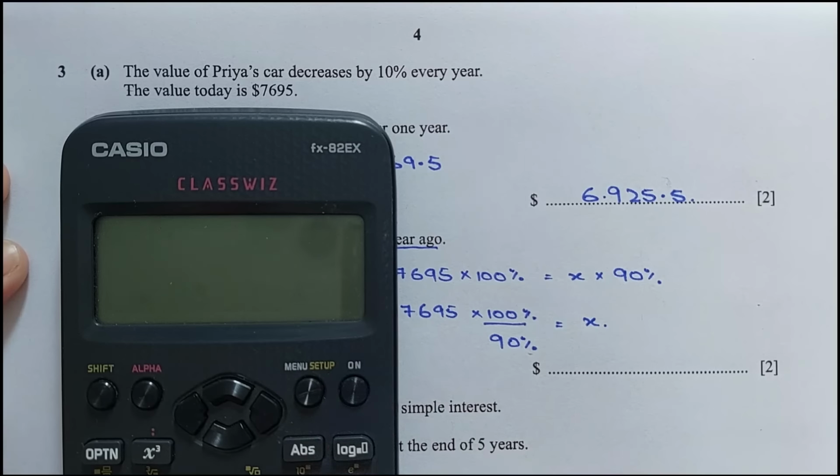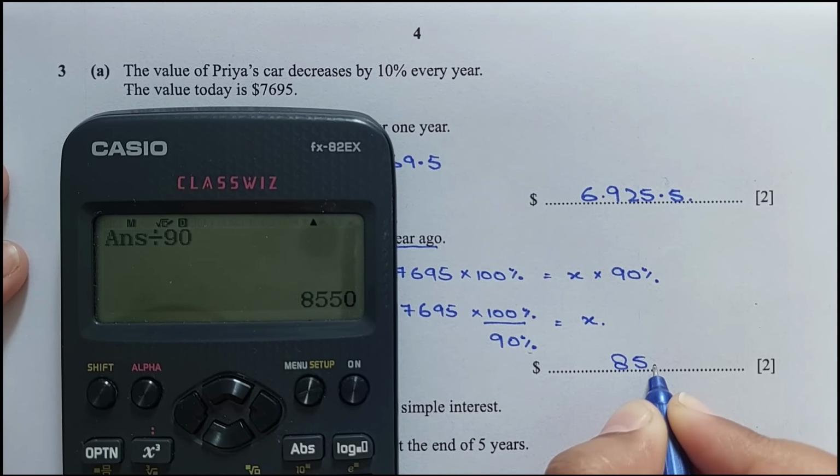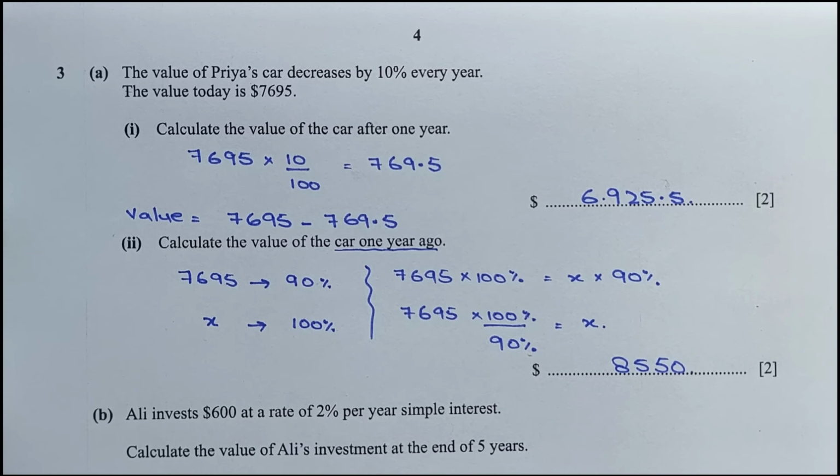Let me calculate this. 7695 times 100 divided by 90 is $8,550.